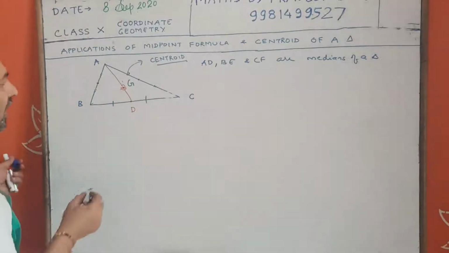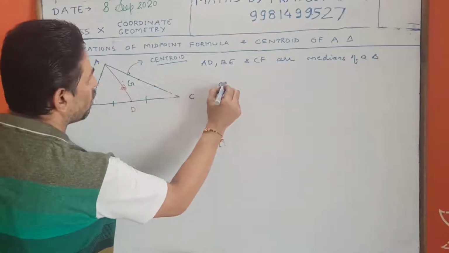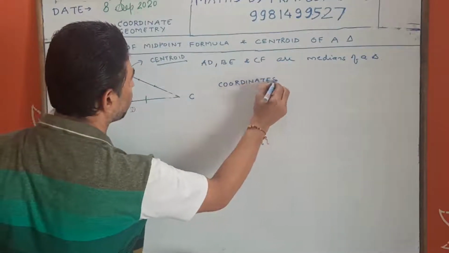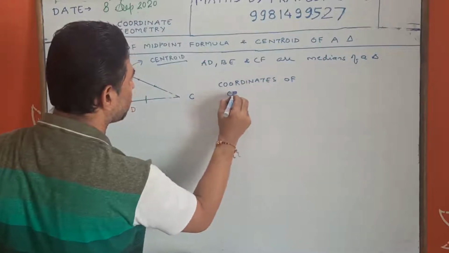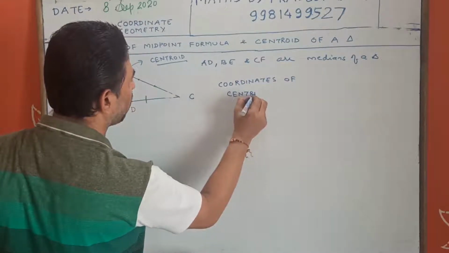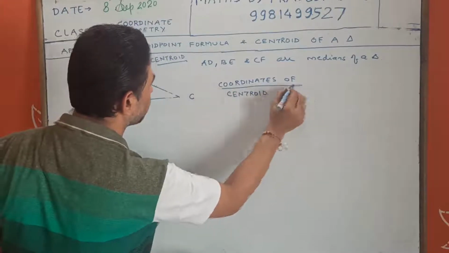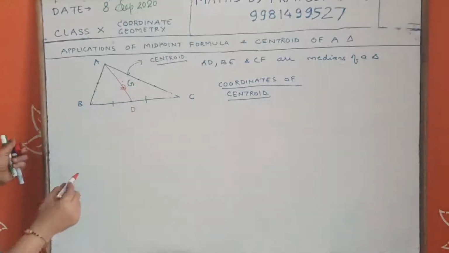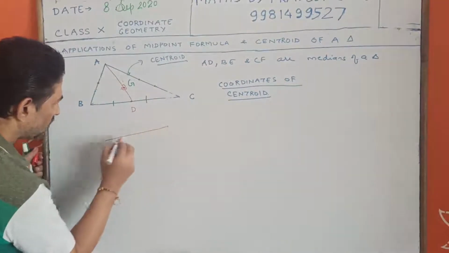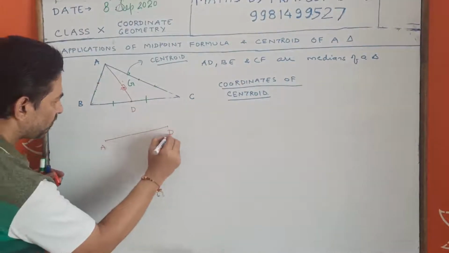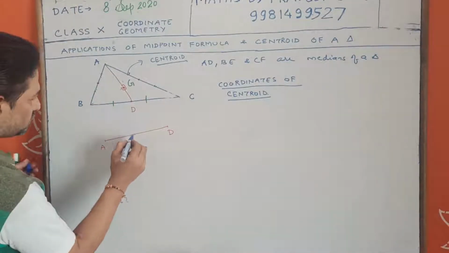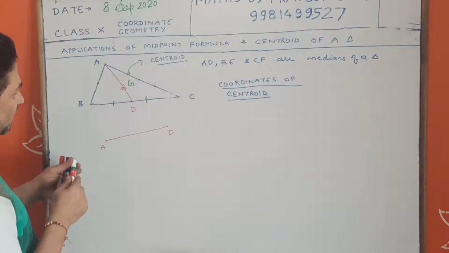Okay, so now let's find out coordinates of centroid. See, this is the line AD. G is the centroid.